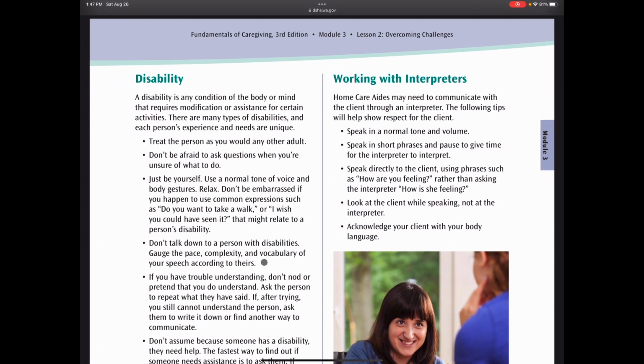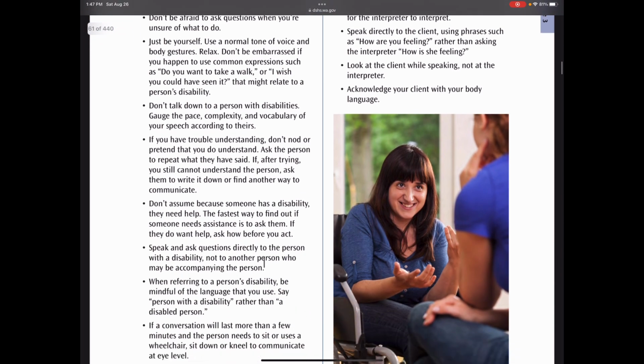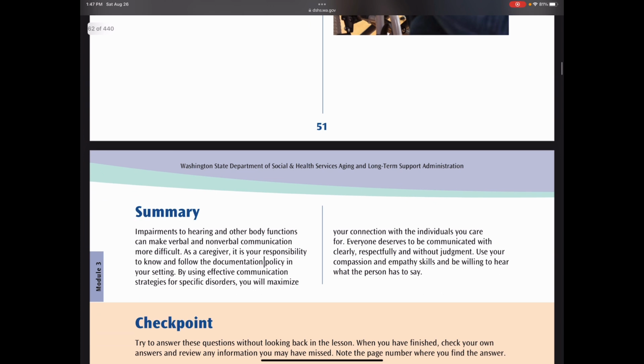So you need to work with those people on communication. And some people are not able to speak the language that you are speaking, so you might need an interpreter in this condition. In summary, impairment to hearing and other body functions can make verbal and nonverbal communication more difficult.